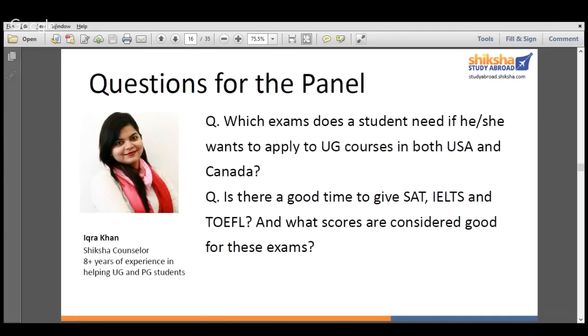So SAT is conducted 6 times a year in India. Ideally, students should take the first attempt of the SAT in their class 11th, in October, November, or December, so that if there is a need to re-attempt the exam, they have enough time to brush up their knowledge and prepare well for the second attempt in class 12th.